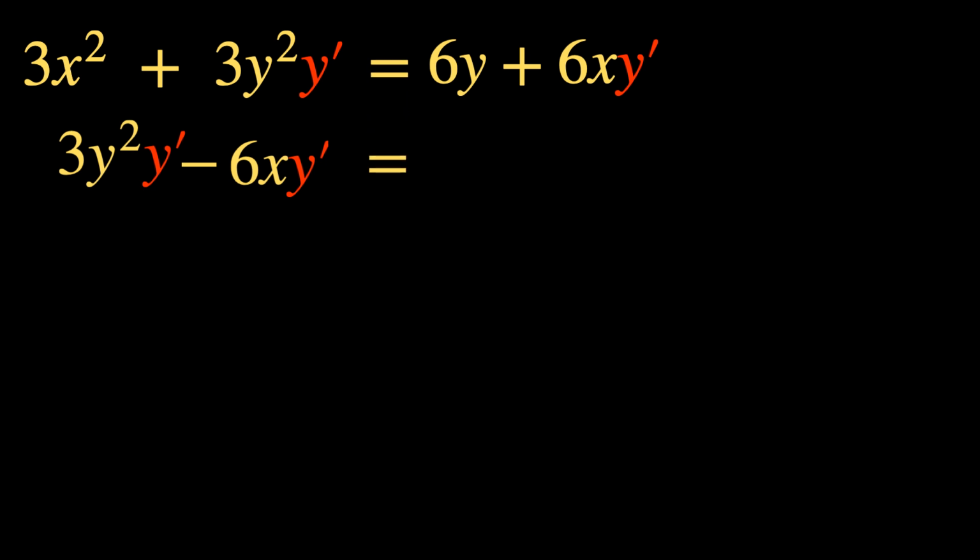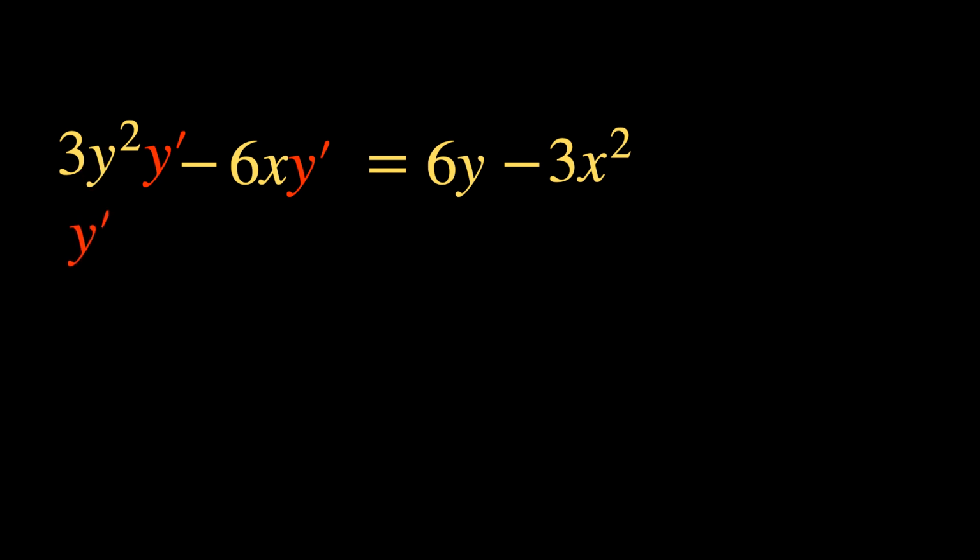Equals, we bring down 6y, and then we transfer 3x squared to the right side of the equation. Since it is from the left side, it will become negative when we transfer it to the right side.